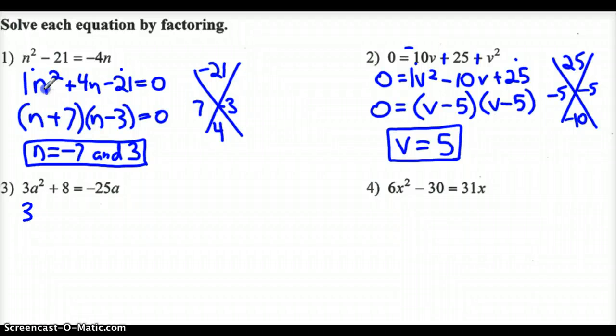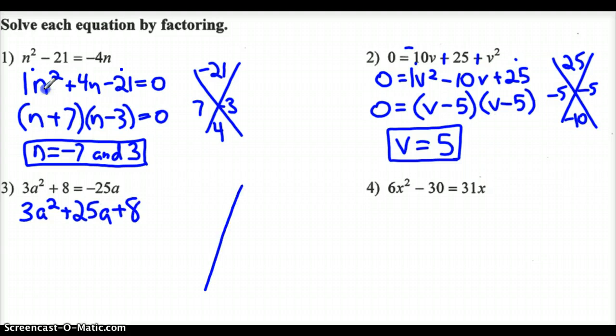Here, again, like before, we want to get terms on one side. In this case, I'm going to take 3 times 8 for 24. The middle term is 25. I'm looking for combinations of factors that add up to 25 but multiply to 24. This will be 24 times 1.